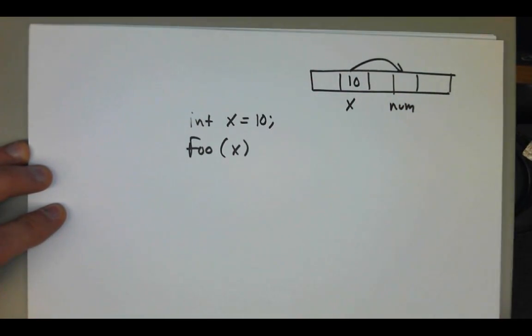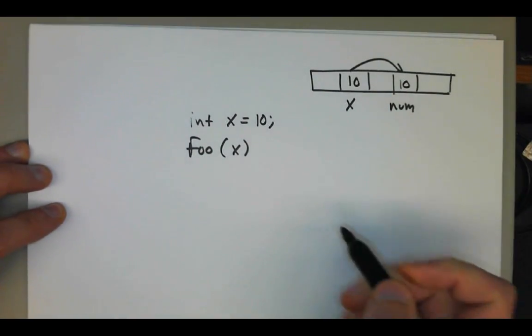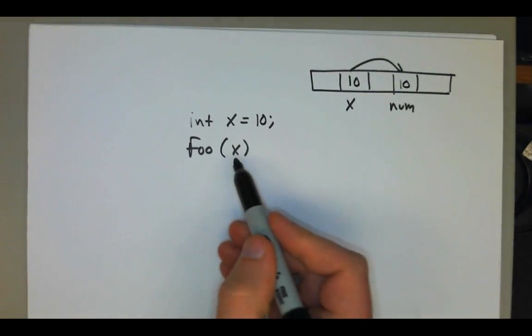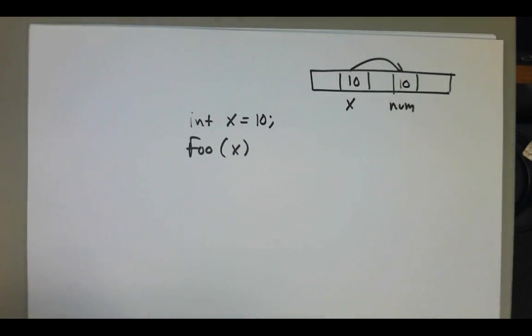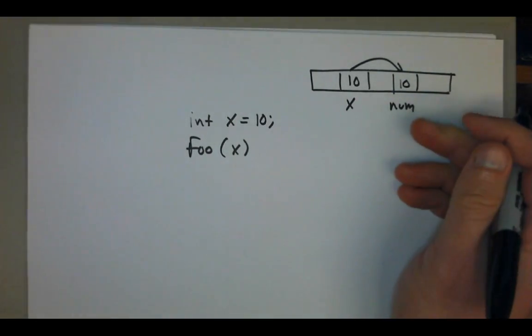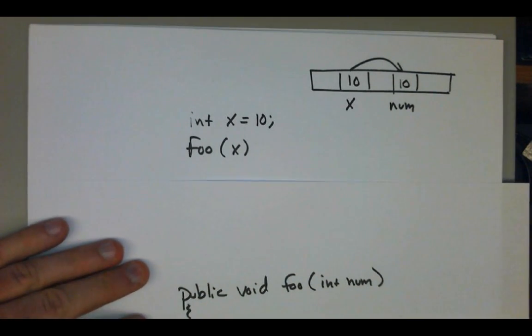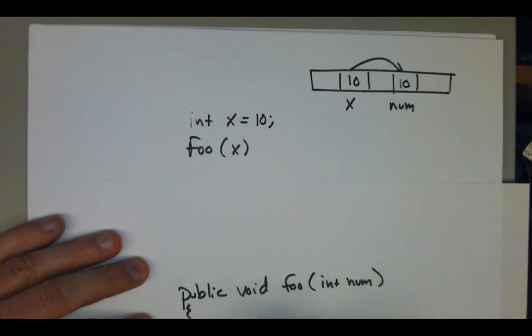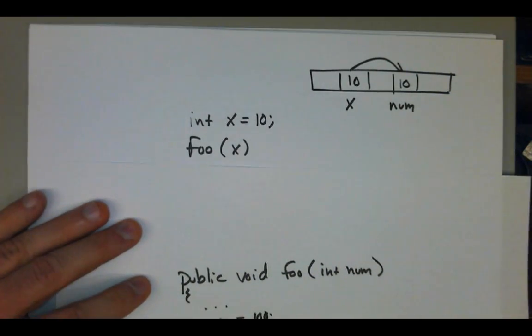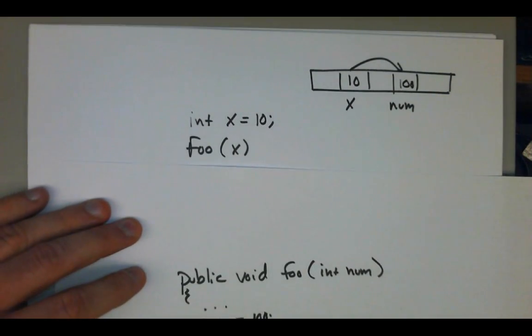So it had a name num, and we're going to copy the value 10 from the caller to the function. Now anything we do to num inside the foo function will have absolutely no effect on x. So if we set num equal to 100, that would change num, but it would not affect x at all.